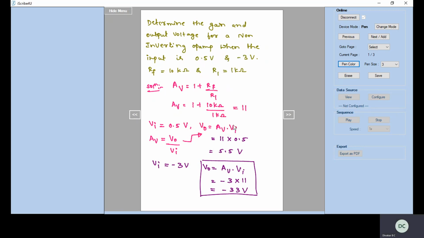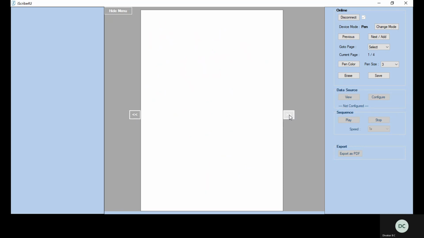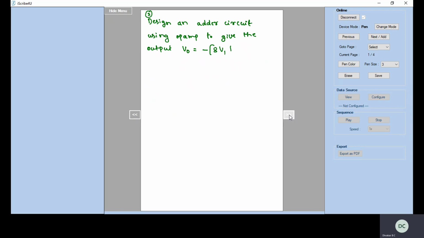Next problem, let us consider: design an adder circuit using op amp to give the output V naught is equal to minus of 8V1 plus 6V2 plus 5V3.